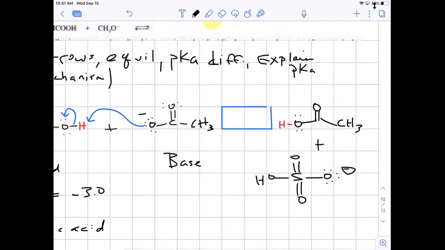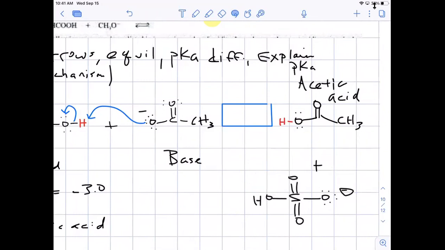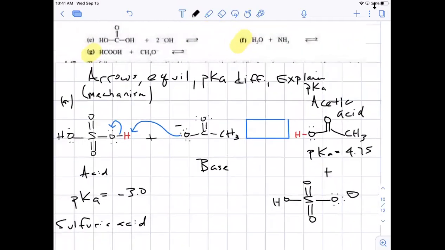This is acetic acid. 4.75. I've got to make room for that, so hold up one second. So 4.75, is that right?